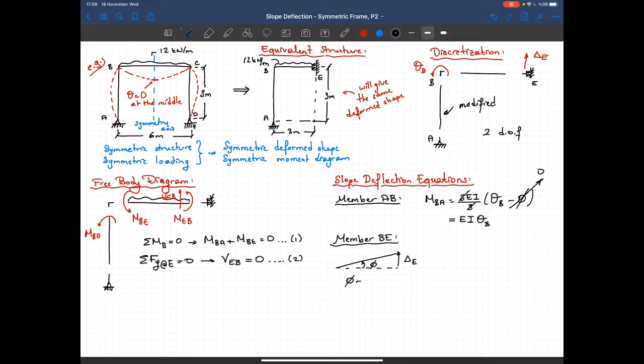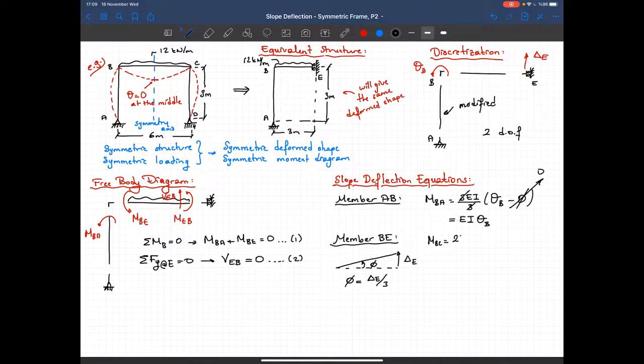And phi is equal to delta E divided by 3. And phi angle is in counterclockwise direction, so that's a positive chord rotation.